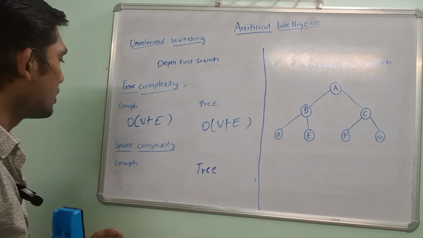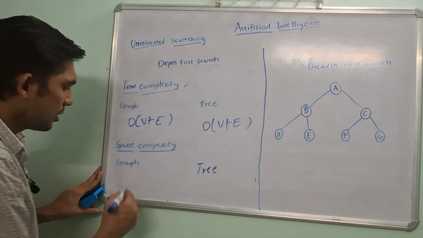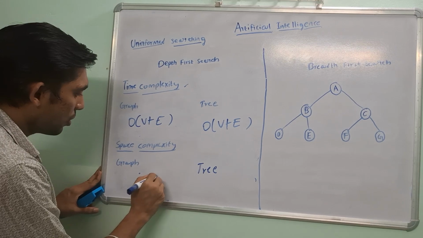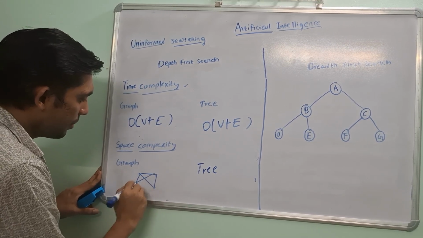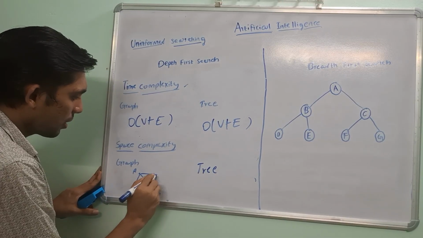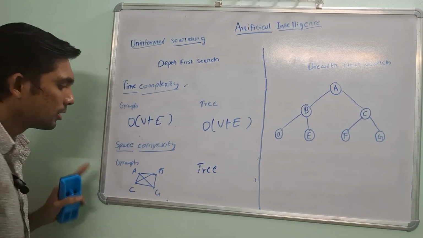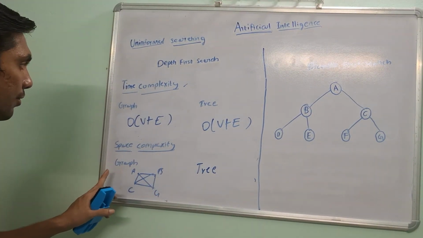So space complexity. Again, let us assume a small complete graph with 4 vertices. A, B, C, D. G is the goal state. So space complexity in case of a graph.